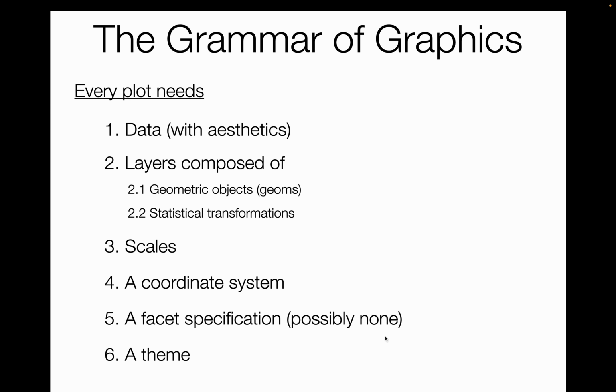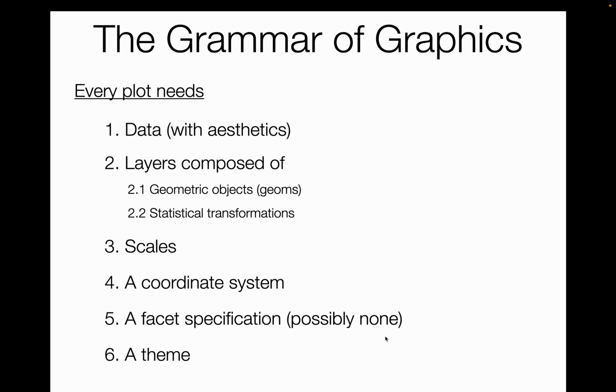You can think of aesthetics as variable names in a data set. You're going to have a data set with variables in it, which are the columns. And you're going to tell R what you want on the x-axis, what you want on the y-axis, what you want the color to be, and so on and so forth.